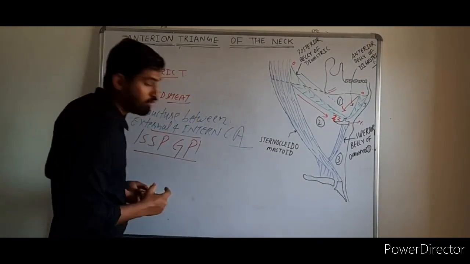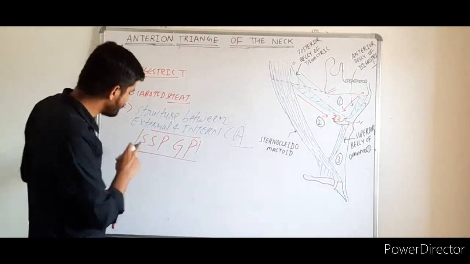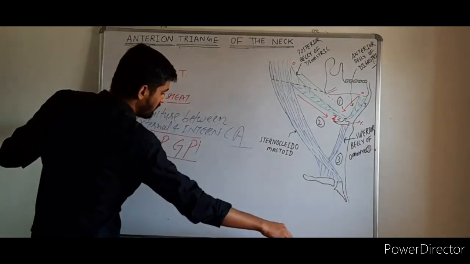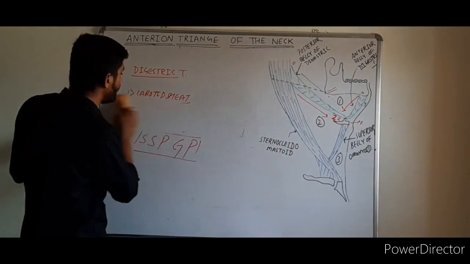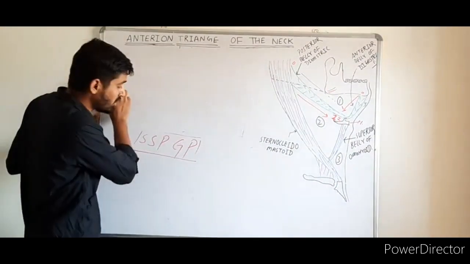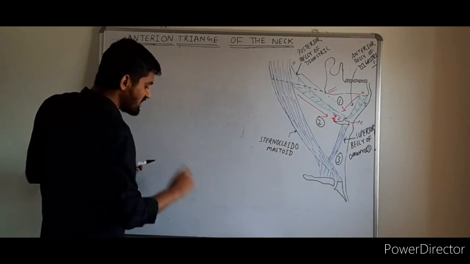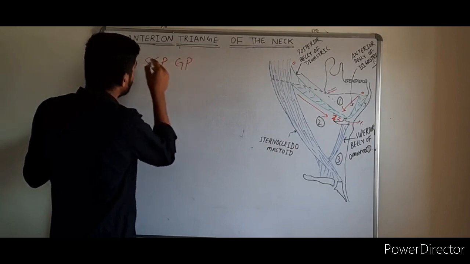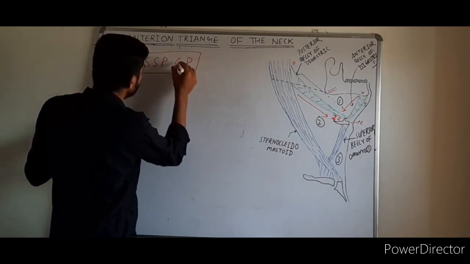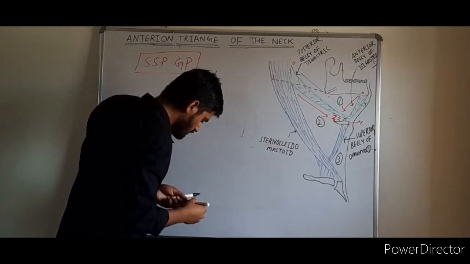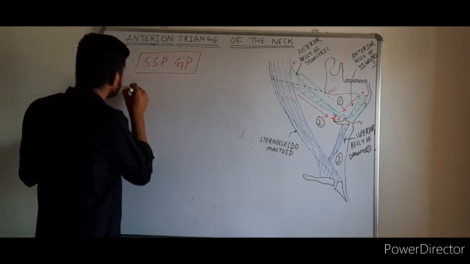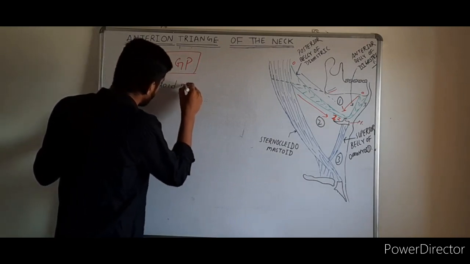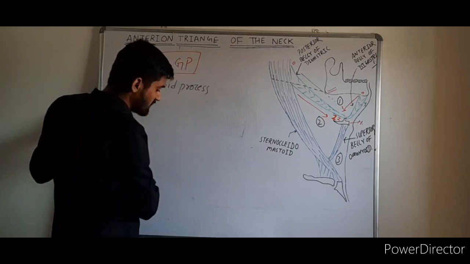And when I taught you the styloid process, at that time I told you S means styloid process. So this SSP, Gujarat Police, I am writing somewhere here. So the structure between the internal and external carotid artery, that is the SSP. SSP, Gujarat Police. So S means styloid process.